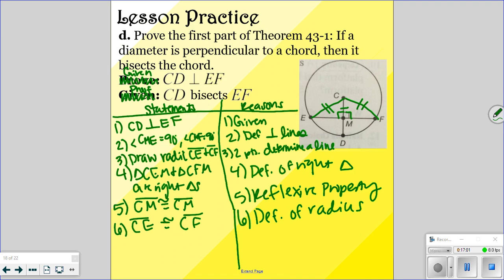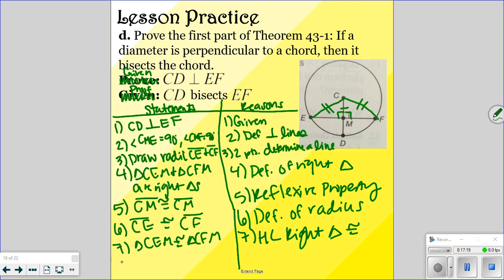So that means that our two triangles are congruent. So triangle CEM is congruent to triangle CFM, and that would be by the hypotenuse leg right triangle congruence theorem.